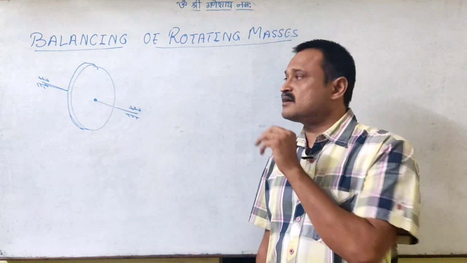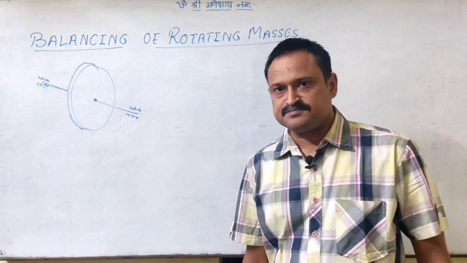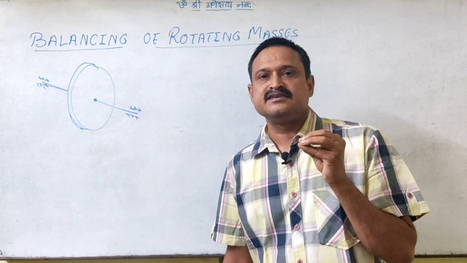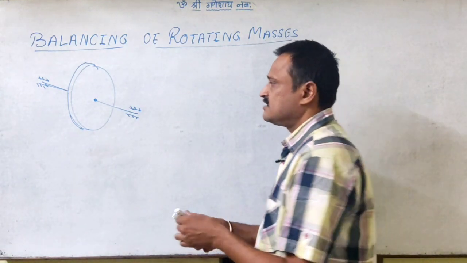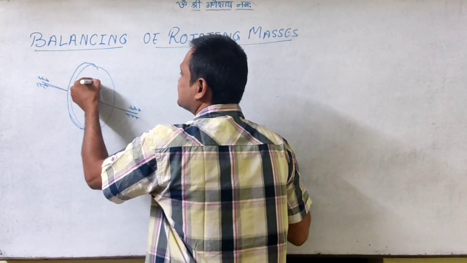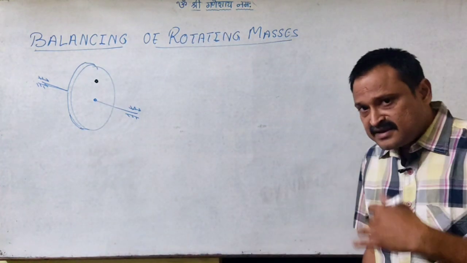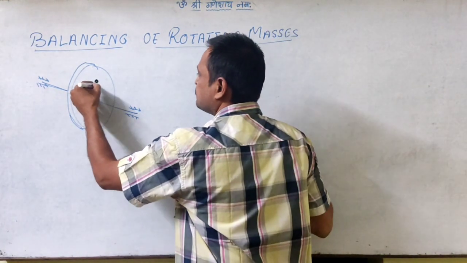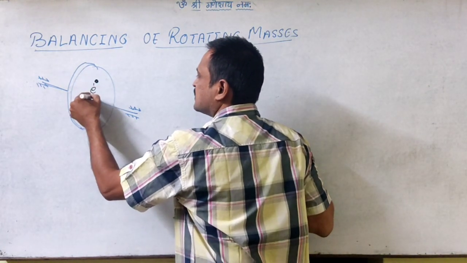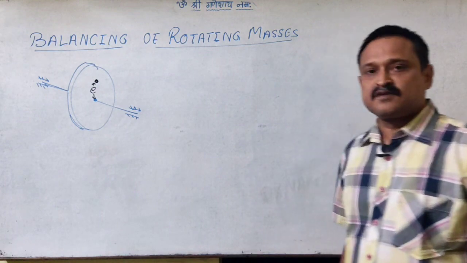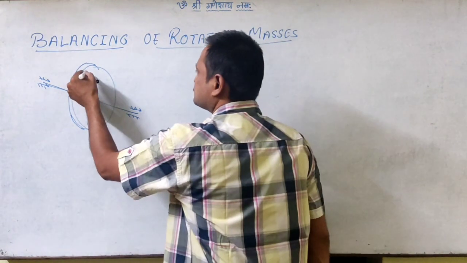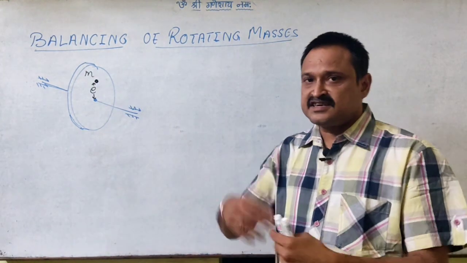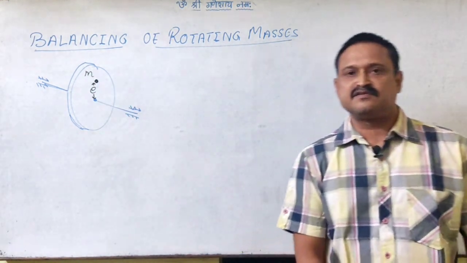But for a component, we cannot assure that this mass is really lying at the geometric center. Chances are that it is lying somewhere eccentric or away from its axis of rotation, at a distance e. So it has some mass which is concentrated eccentric to the center of rotation of the axis.